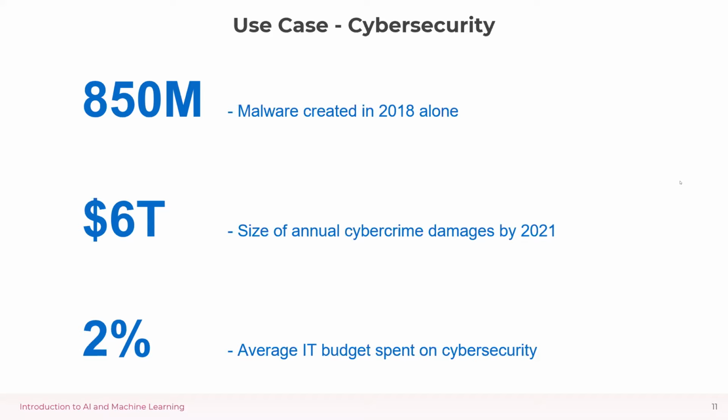All right. Okay. So in 2018, 850 million kinds of malware were created. Now, these are not just instances. We are talking about different kinds of malware. Just look at the volume, right? 6 trillion dollars' worth of damage is what is predicted will happen via different forms of cybercrime by the year 2021, okay?